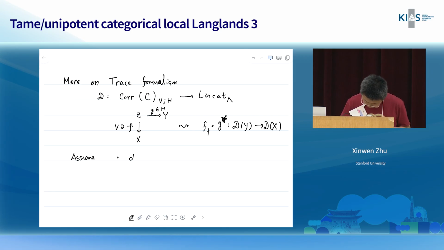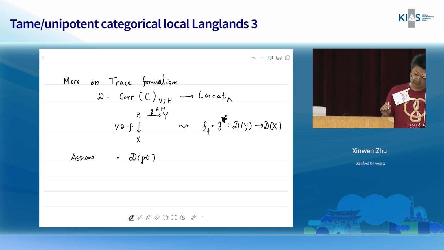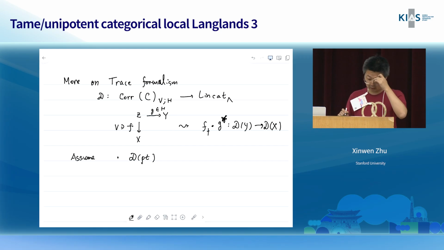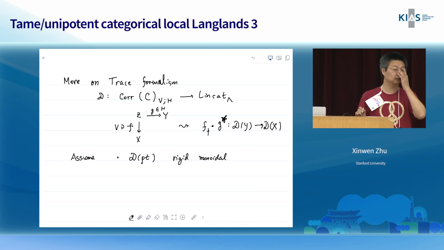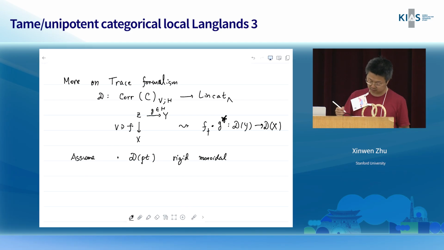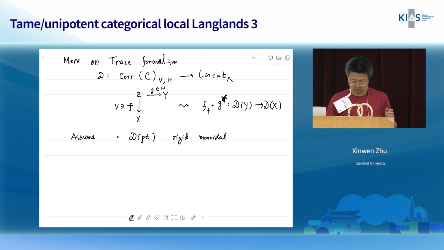We always assume C has finite products, so there is a final object, which I denote by point. I assume D is rigid monoidal. I think this was introduced last week in Arnold's talk. Maybe he only introduced it for compactly generated ones, but it's very similar; you can also do non-compactly generated ones, but you can safely assume compactly generated categories as rigid monoidal.